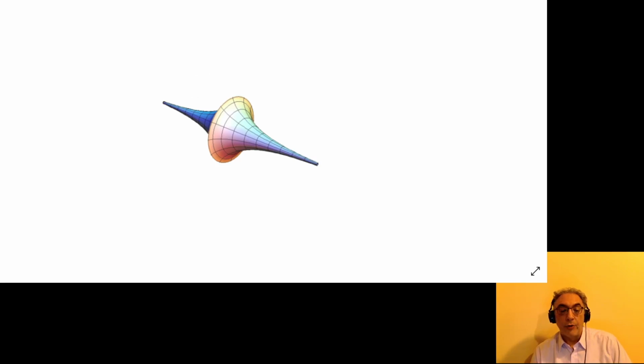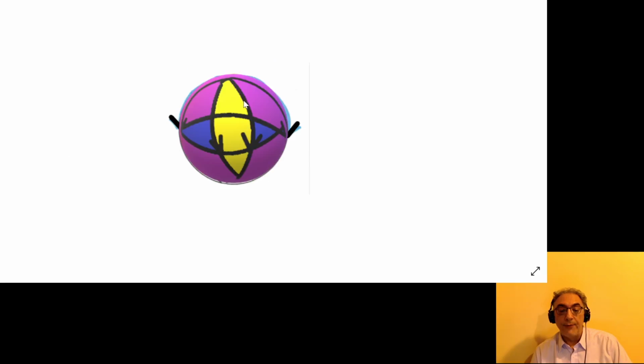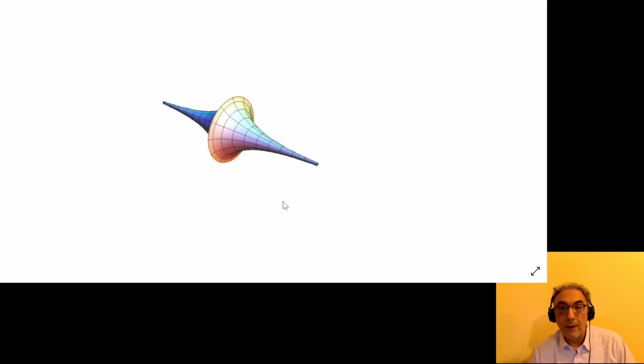So imaginary radius of a sphere in position space, which, as we said before, we think of in terms of light, which comes through the North Pole or the South Pole, can be considered now in terms of matter through the imaginary tangent velocities as giving rise to the shape of the pseudosphere.